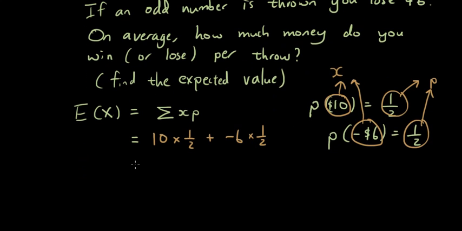And what's the answer? The answer is $2 winnings. $2 won per throw. If you kept playing this game, then on average, you're probably going to win $2 per throw.